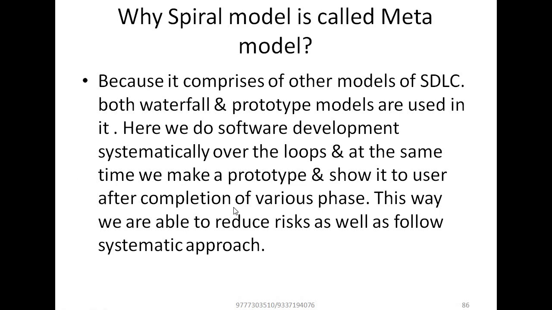Similarly, here also, in every loop we make a prototype and show it to the user after completion of the various phases, because the spiral model is a combination of the waterfall model and the prototype model plus a risk factor. So in every step we make a prototype and show it to the user. This allows us to reduce the risk, because it reduces the risk factor.